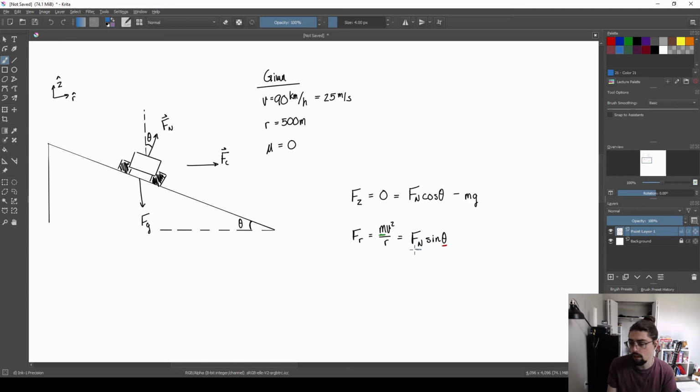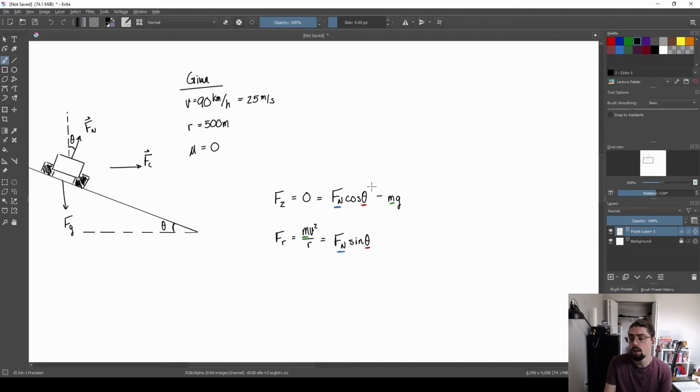But if I go up to my equation above, I can say, okay, well, same, I don't know m, and I don't know theta, and I don't know my normal force. And this is a bit of a spicy situation, because we have three unknowns and only two equations. Three unknowns, two equations. That's normally a very bad place to be, but sometimes if you're solving symbolically, you can get away with it anyways.